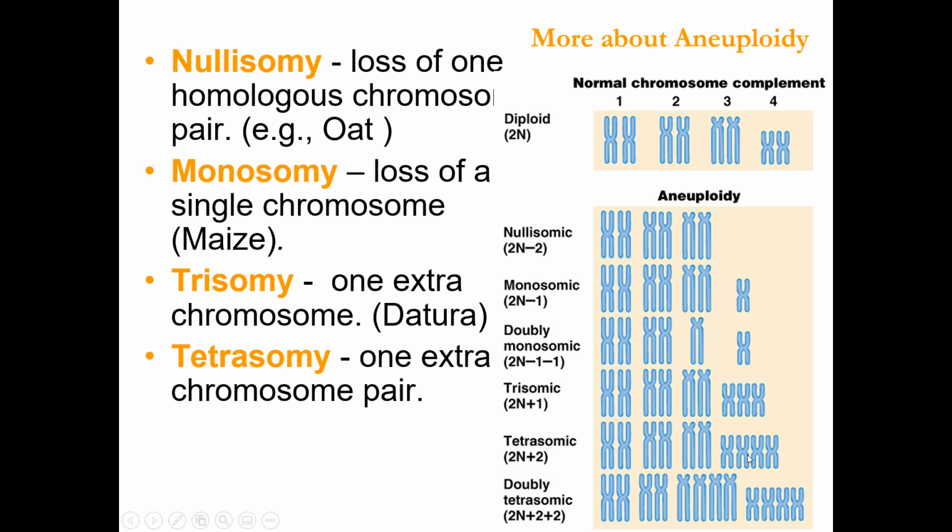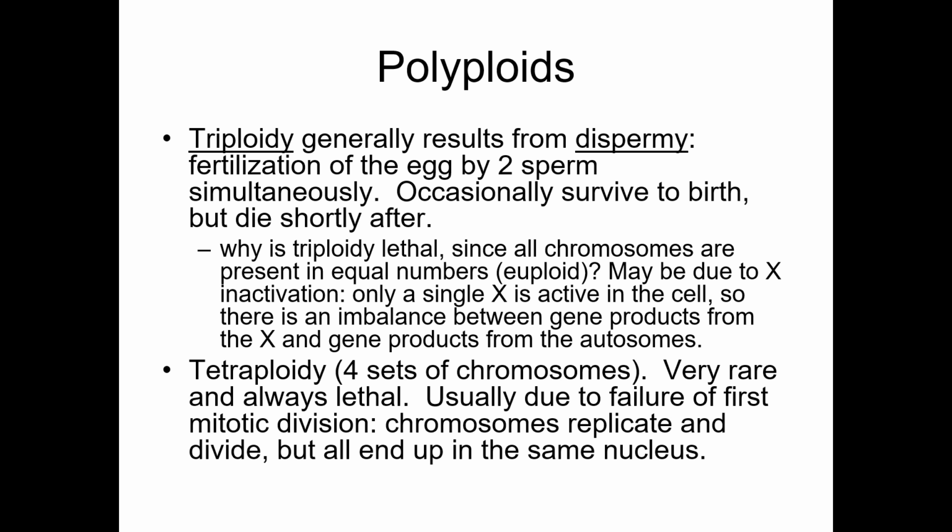Instead of 2 in a pair, in the last pair there may be 4. Now, how does this happen? This is more common in the plants, and many of these things we have introduced also to get a better harvest.